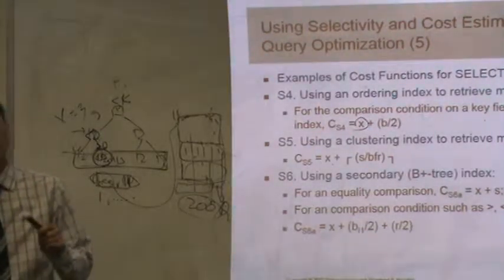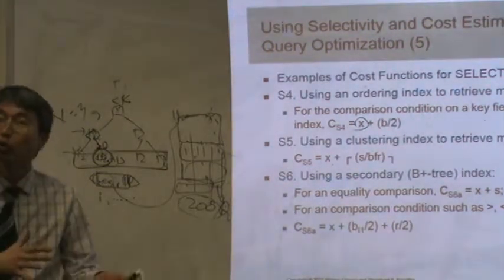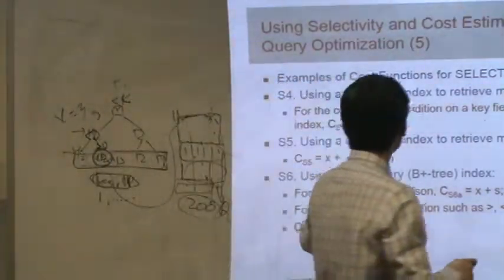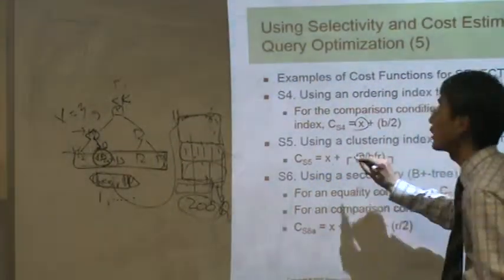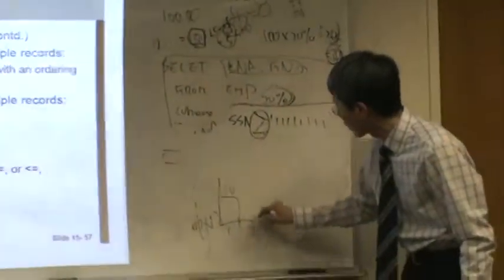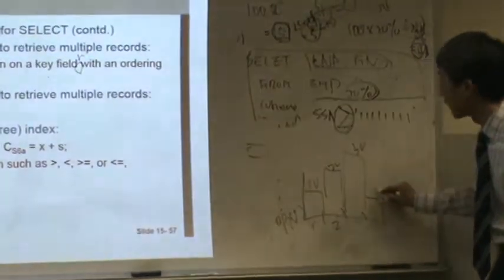So how many employees for department number 1? Many, right? So that is the selection. It depends on the distribution of the data. Department number 1 has 10, department number 2 has 20, 3 has 30, 4, 5, something like that.